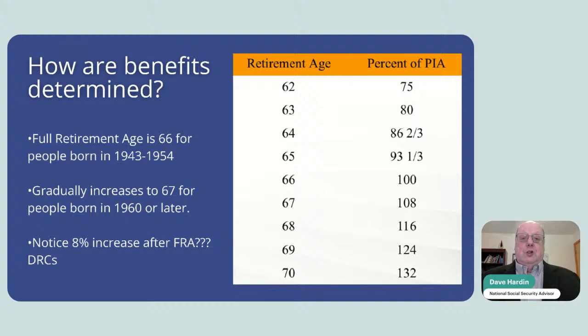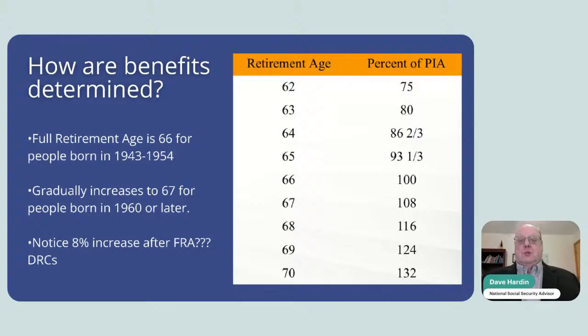Here it is. Look, if you take your benefit at full retirement age, either 66 or 67, you get 100%. If you take it as early as 62, you get less. You get 75%. If you delay taking it, you get what's called DRCs, delayed retirement credits. 8%, not compounding, but they are stacking. So 8% plus 8% plus 8% plus 8%, it's 132%.